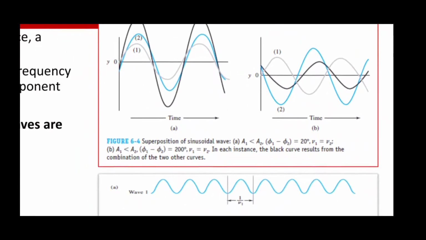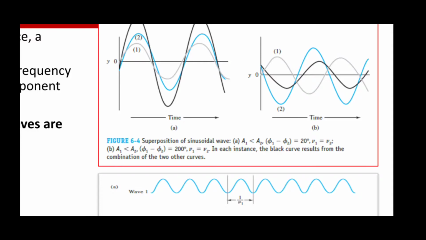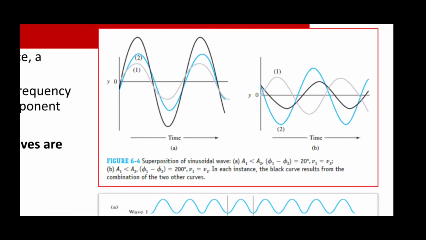See that the gray color wave 1 has its maxima at the positive side of the y axis, and the second wave, in blue color, also has the positive side with the same amplitude, a little bit higher, in the same space, right? So the result, in black color, is a wave with higher energy than sources 1 and 2.